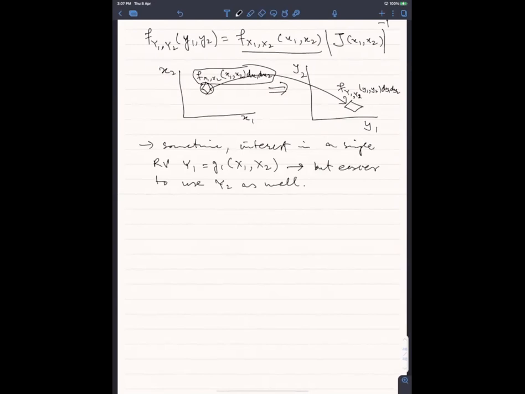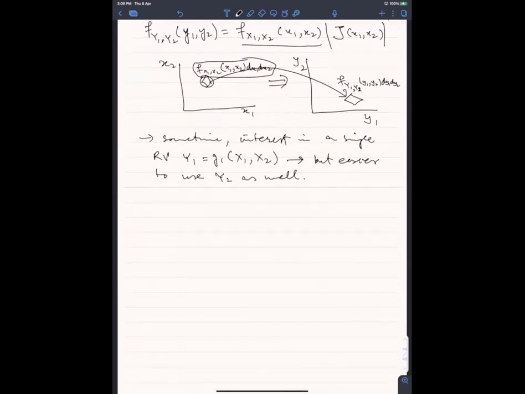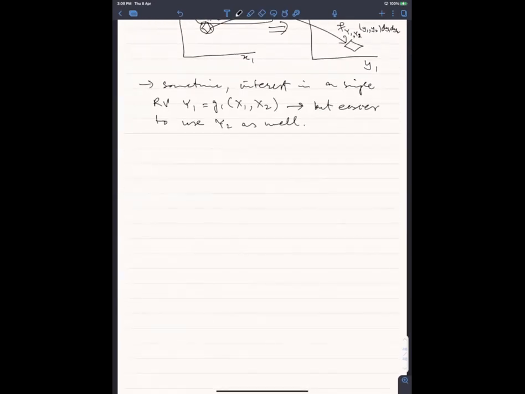We call this using an auxiliary random variable. I will give you an example which will clarify this.